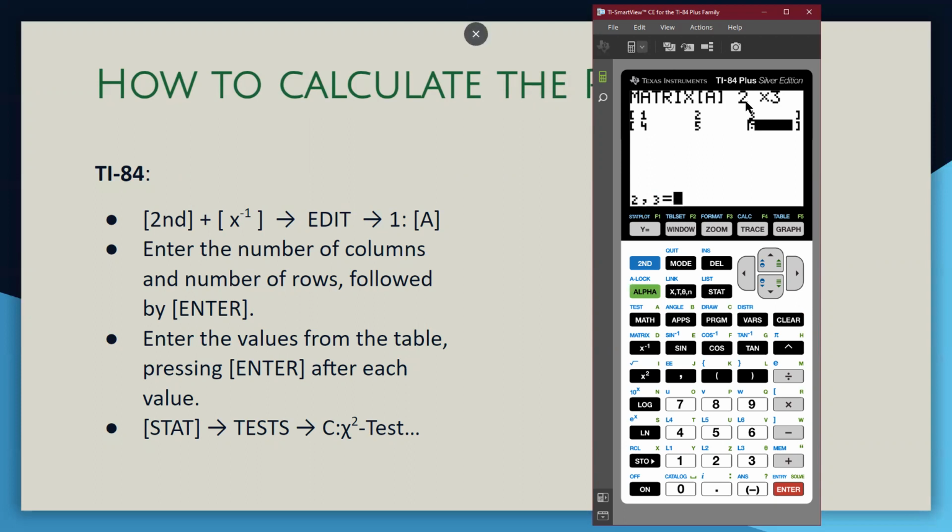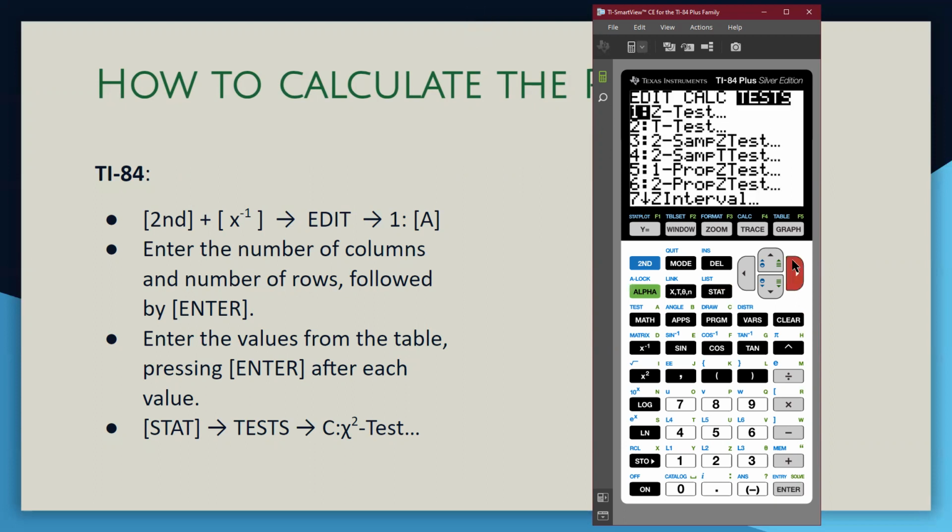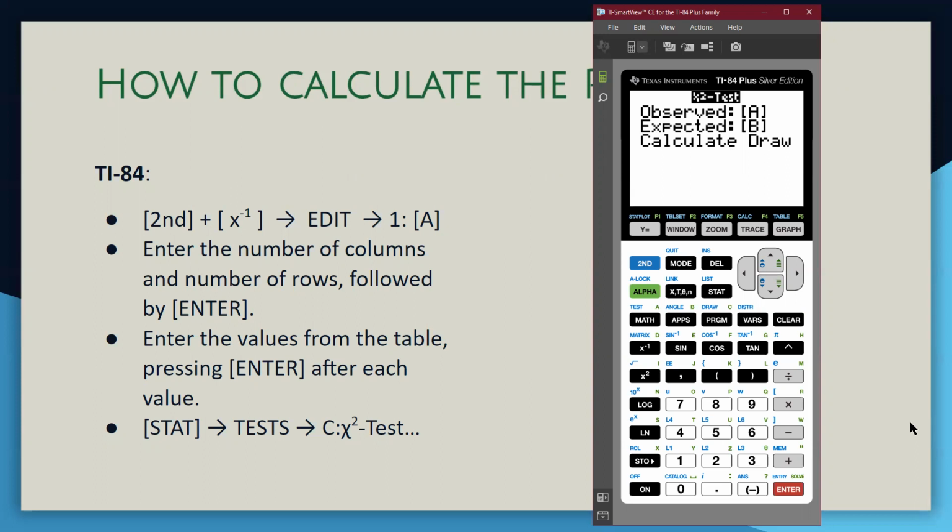If we wanted to run a chi-square test on this, we would go stat, test, and down to option C, which is just chi-squared test. And this is the test we're going to use for tests for independence and tests for homogeneity. You'll notice it provides spots for observed and expected.